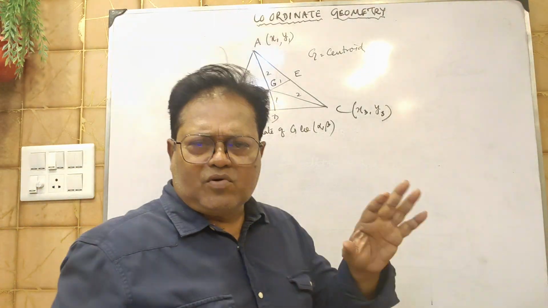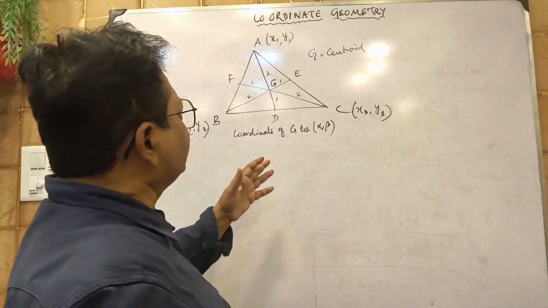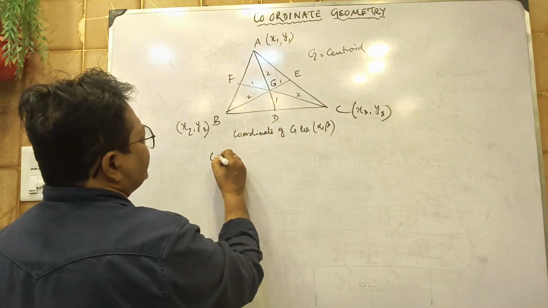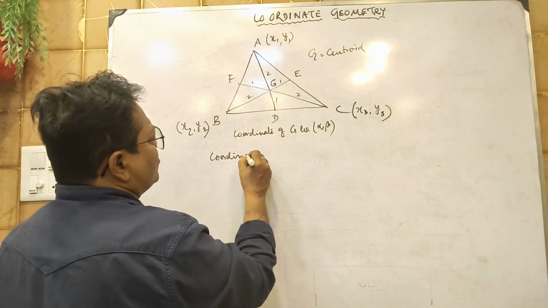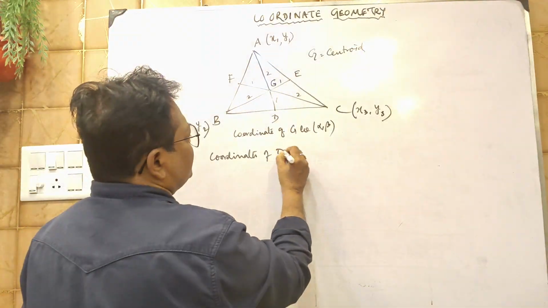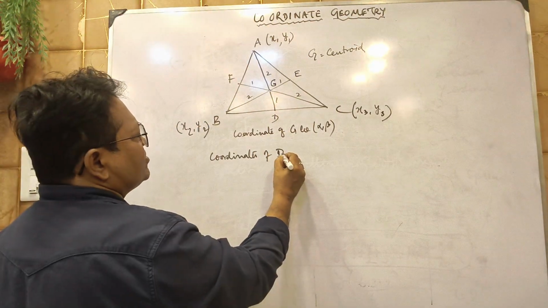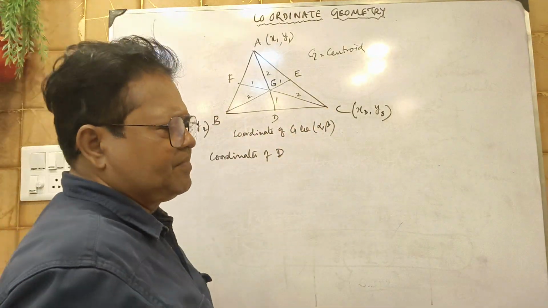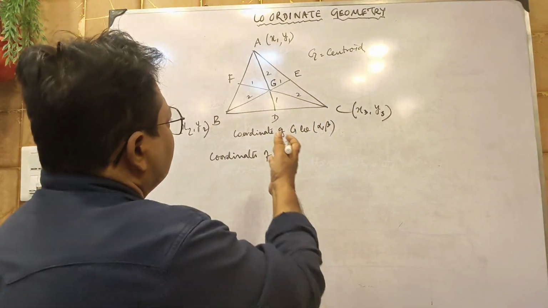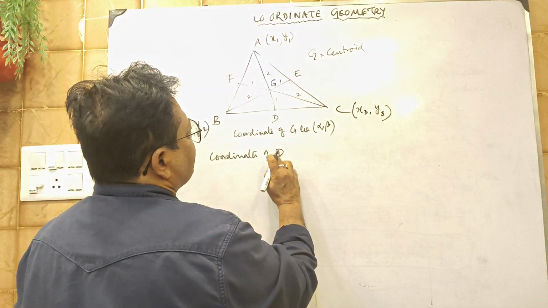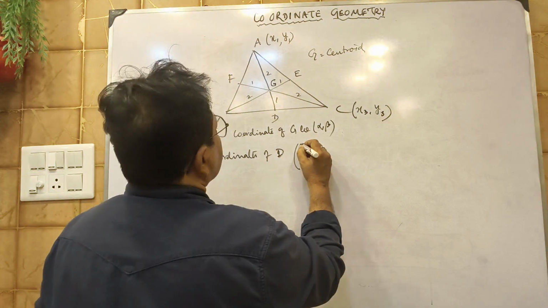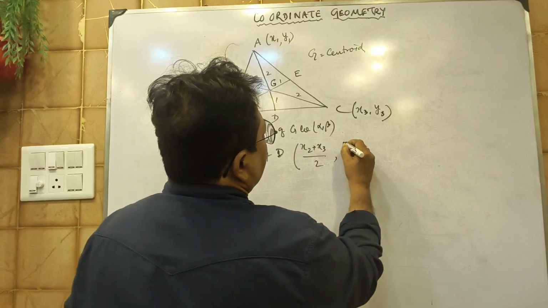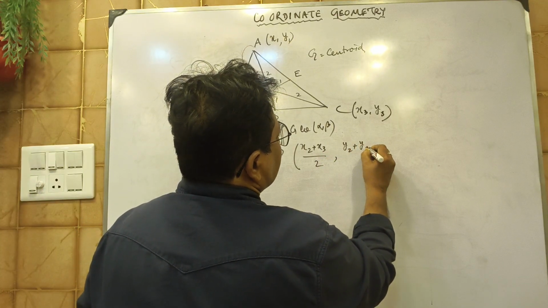I will show you the procedure. At first, you will find the coordinates of D, which is the midpoint of B and C. We know the midpoint coordinates are x2 plus x3 by 2 and y2 plus y3 by 2.